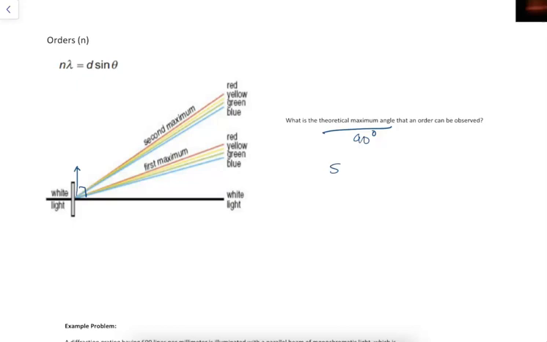So when I set up the relationship n lambda over d equals sine theta, I know that theta has a maximum of 90 degrees, and sine of 90 is 1, so n lambda over d has to be less than 1. And so I can solve for n. I just get n is less than d over lambda. And whatever value I get, I know it must be less than that. So if I get like 2.7, then 2 must be my maximum order because it can never reach the third order.